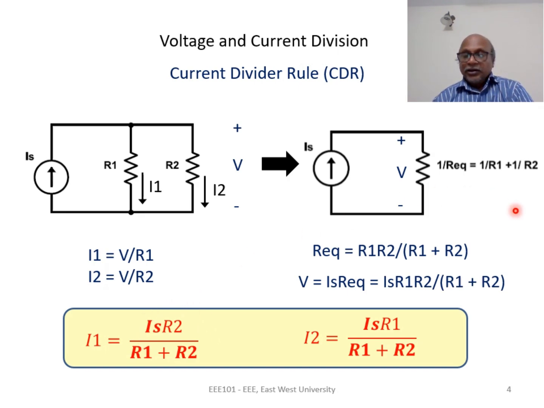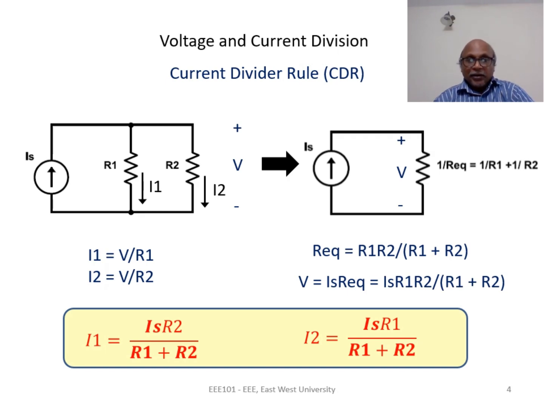In voltage divider rule, we multiply the common part by the same resistance. In current divider rule, we multiply the common part by the other resistance. So you need to remember the similarity and the dissimilarity between voltage divider rule and current divider rule.